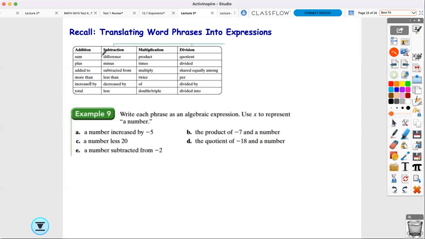We're not writing the top part because we already have it in our notebook. We're just doing example 9.